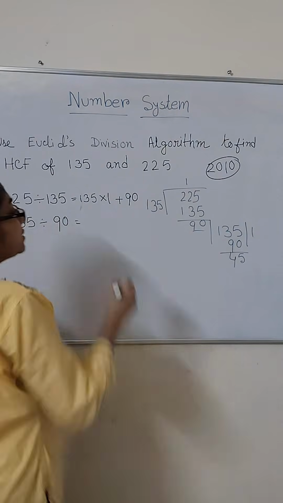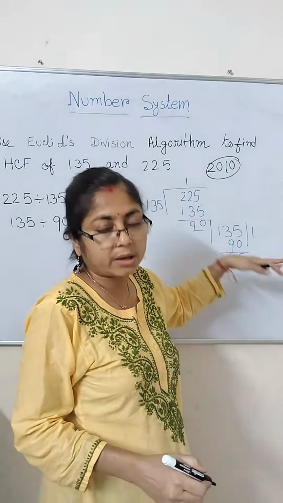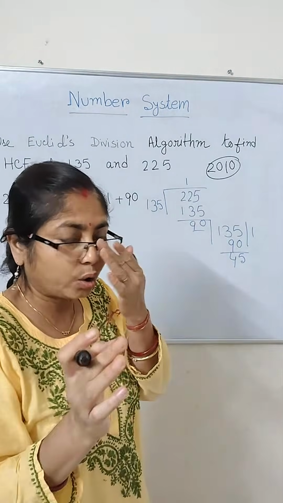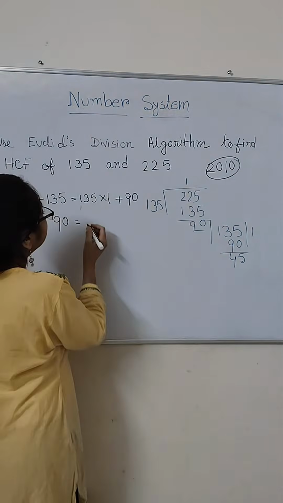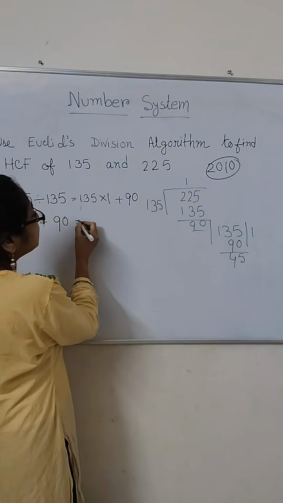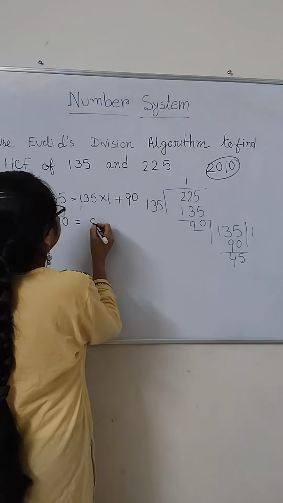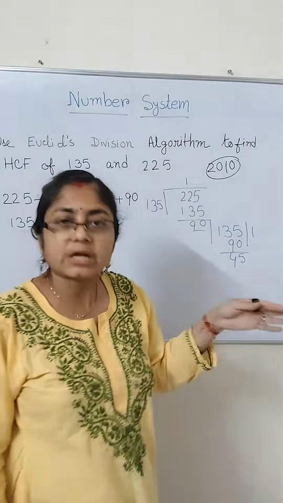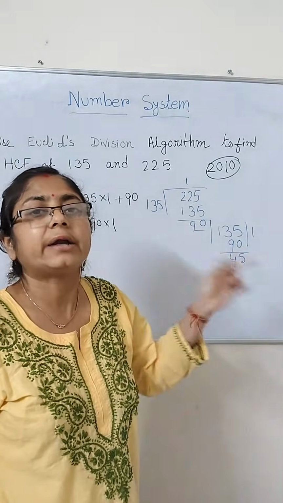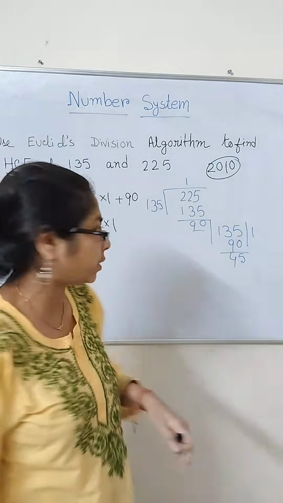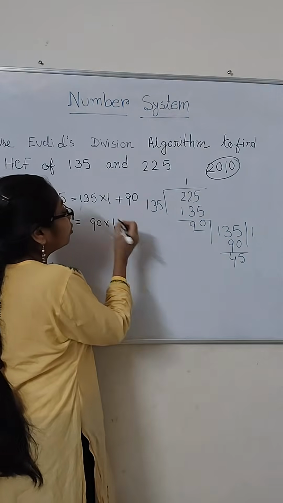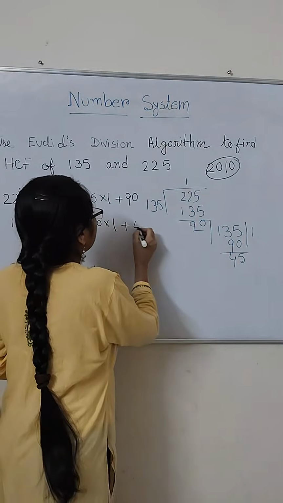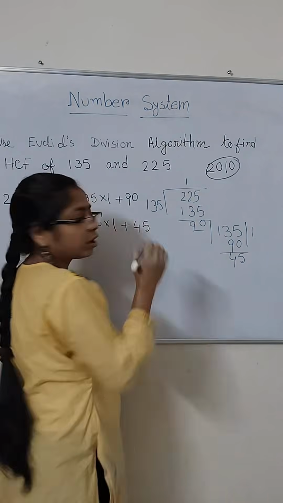If the quotient is not 1, it can be 2, 3, 4, 5, any number, no problem. You can write 90 into 1. If your answer is 3 or 4, then you write 90 into 3, 90 into 4. We focus only on where our remainder is. Now our focus is 45.